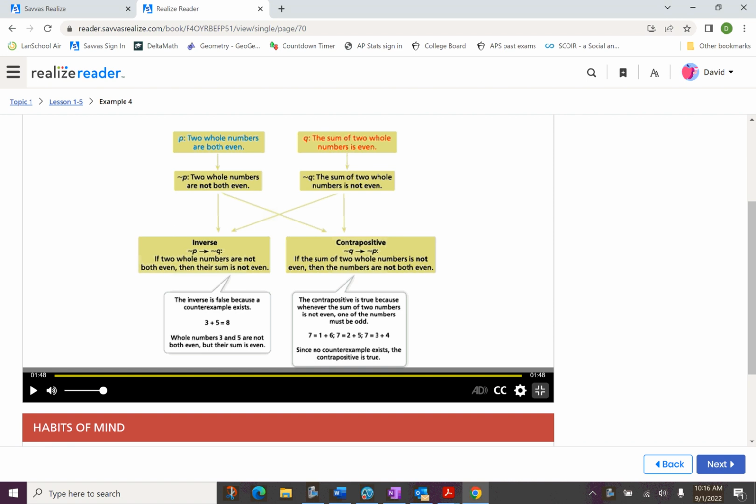Okay, so let me re-emphasize here. If you're trying to determine if it's true or false, a false statement has at least one counterexample. Really, one counterexample is all you need to say that a statement is false. If a statement is true, there are no counterexamples.